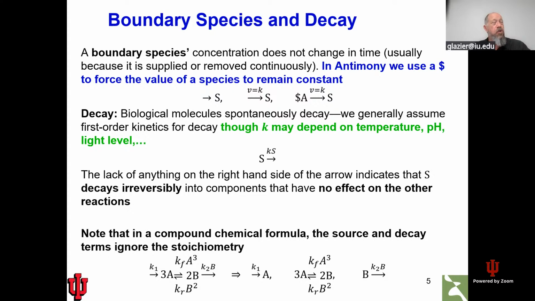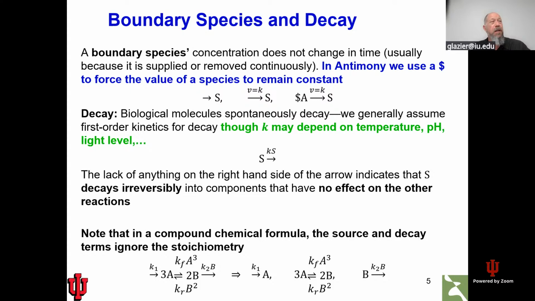And in general, when we do want to put something on the end of those arrows, we have to think about whether that is a floating species whose concentration will change, or what's called a boundary species, which, for example, could be supplied from a reservoir where that concentration doesn't change. And so my example here is nothing goes to S at a rate K. That's a constant source of S.